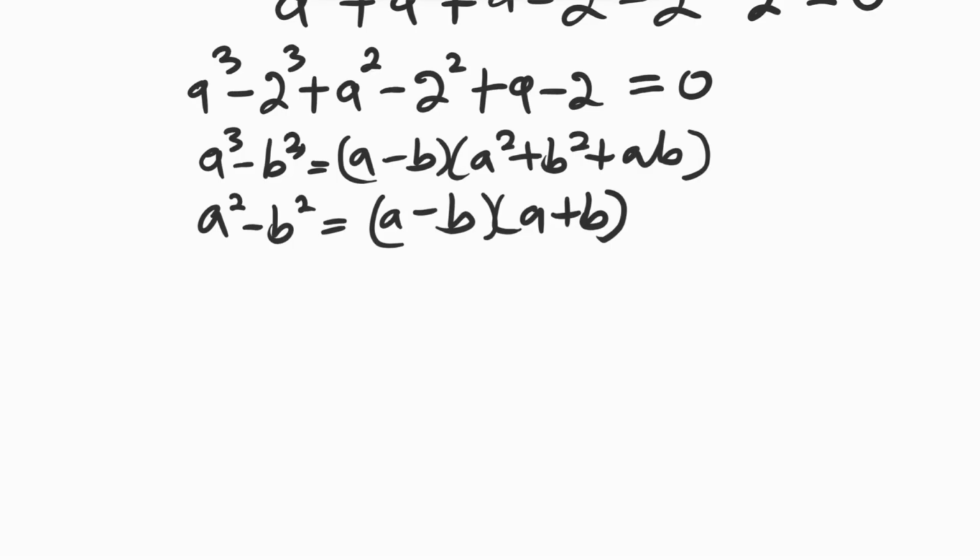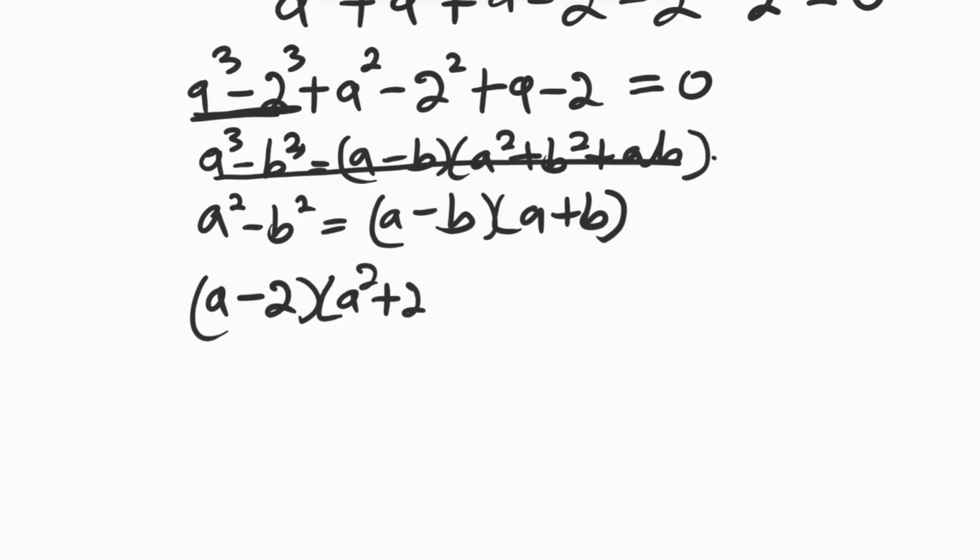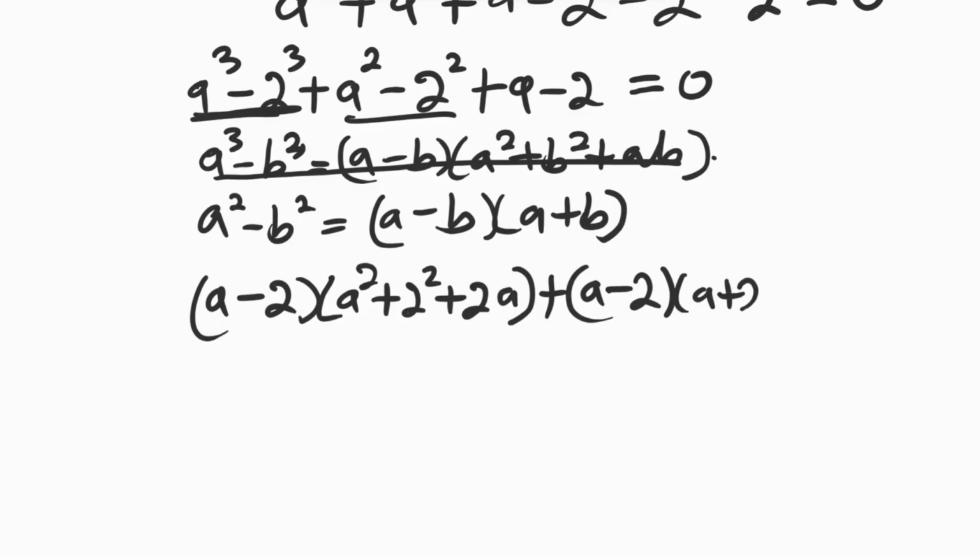For a cubed minus 2 cubed, we use this formula. So now we have a minus 2 into a squared plus 2 squared plus 2a. And then for this, we have a minus 2, a plus 2, and then plus a minus 2 equals 0.